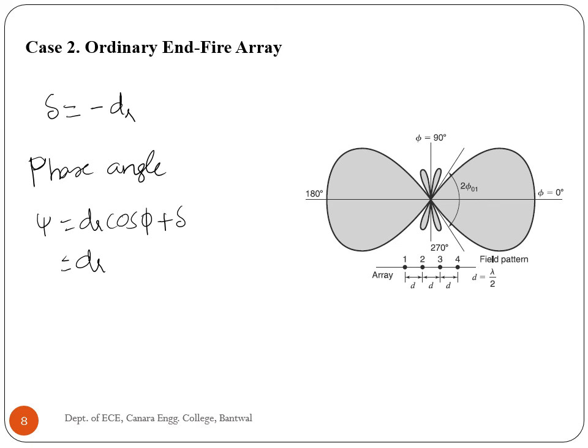For the end-fire array, dr cos phi, delta is minus dr. Therefore, xi equal to dr (cos phi minus 1).